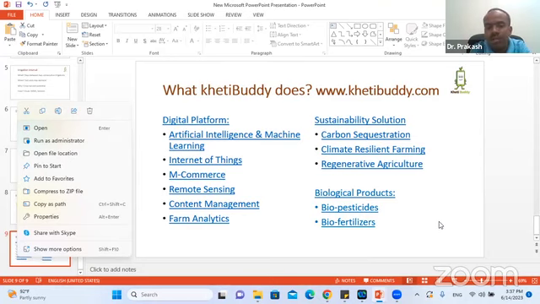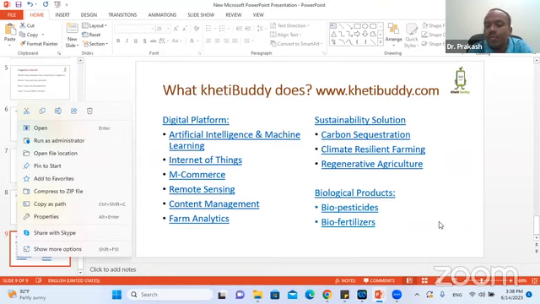Then farm analytics. In farm analytics, information is analyzed through our analytics platform. What is the benefit cost ratio? What are the requirements of the crop? Are we growing properly or are we growing wrong? Such analytics we can provide on our digital platform. Then sustainability solutions.